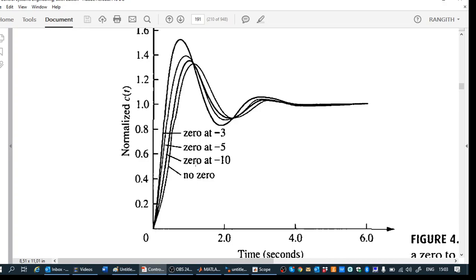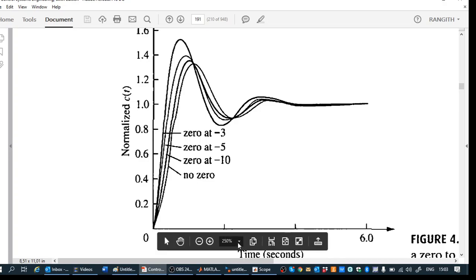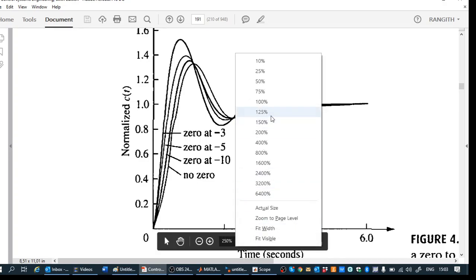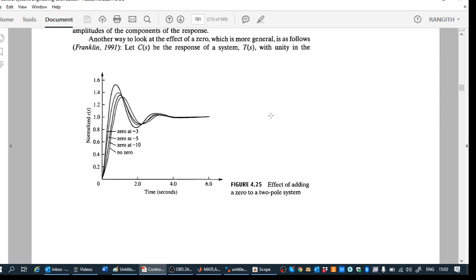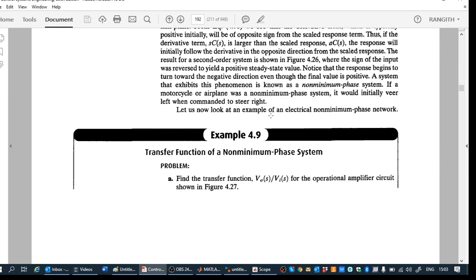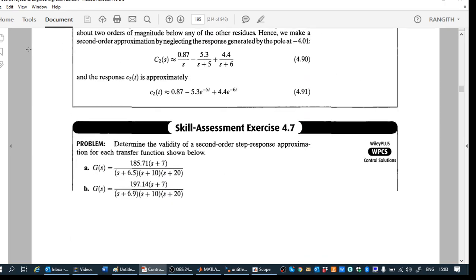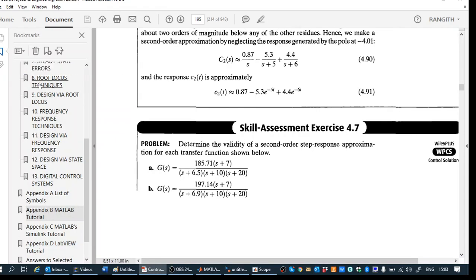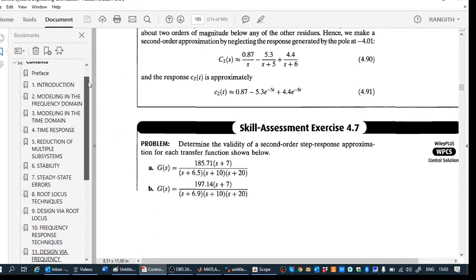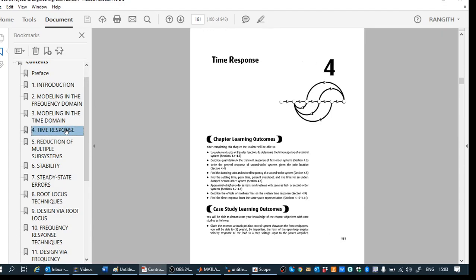So this is another example. We looked at what happens if a system has additional poles, as well as what happens if a system has additional zeros. So that now brings us to the end of the second module. That was chapter 4 in your textbook.